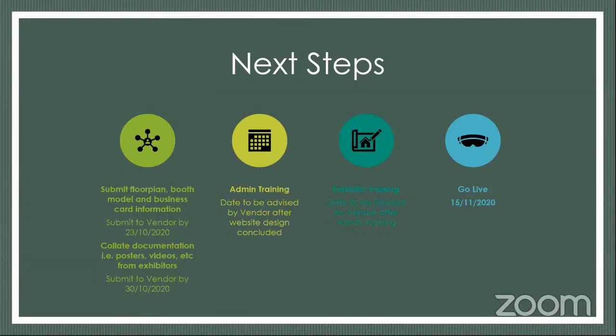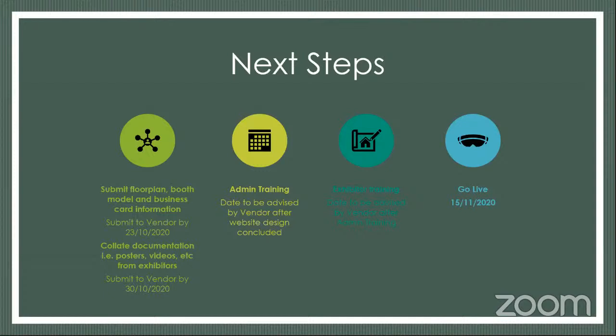The next steps are we're submitting the floor plan to the vendor. At the moment, I'm collating information with respect to what booth model the current exhibitors would be wanting to use. And then the business card information that will be loaded up, which is what you'll be able to use to interact with the personnel manning the booth, and the floor plan. Those will be submitted to the vendor by tomorrow unfailingly so that they can build the back end of the website.